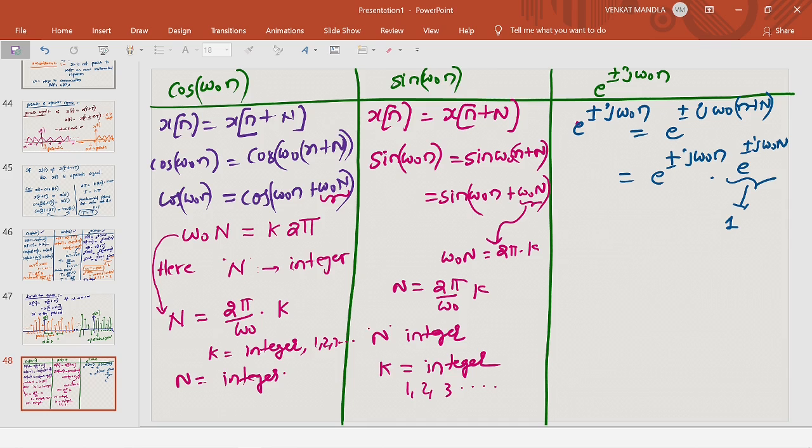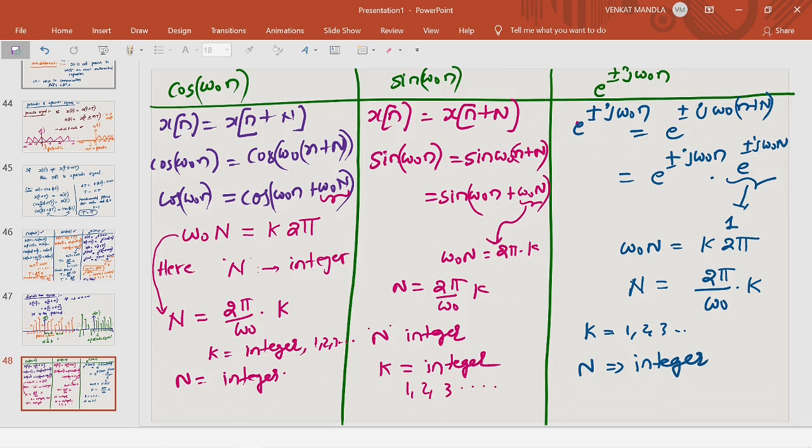When it is 1, omega naught into N is k times 2 pi, where N is the period of the signal, that equals 2 pi by omega naught into k. Here k equal to 1, 2, 3 integers and N must be an integer. Okay. So how to calculate N?